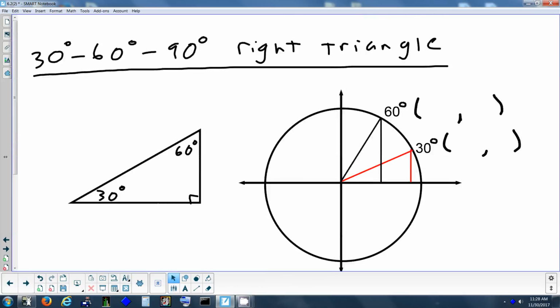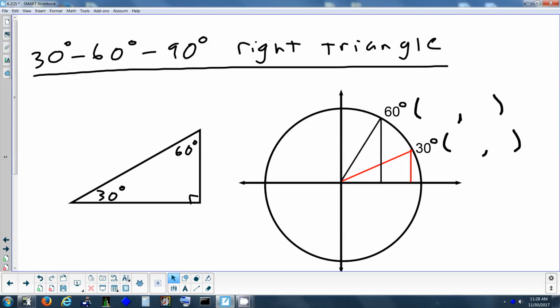What's the difference between the red triangle and the black triangle? If you were to cut them out of paper and then line them up, would they have different heights? No, they're actually the same. The red triangle and the black triangle are exactly the same thing, except one of them is standing up on the short side, the other one's laying down on the long side. But they're the same triangle.